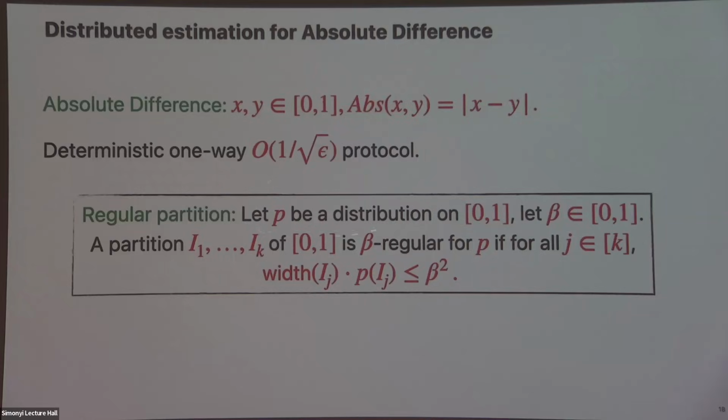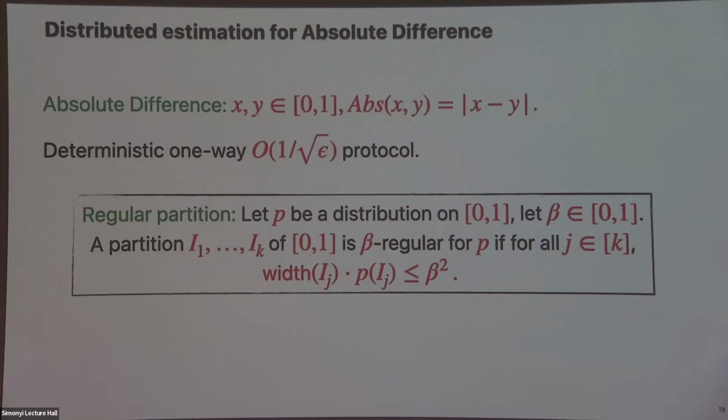So let P be some distribution on the interval [0, 1], and let beta be some regularity parameter. I'm going to say that a partition of the interval [0, 1] is beta regular for P if it's a partition into K intervals, and every interval satisfies that the width of the interval times the probability of that interval under P is at most beta squared.